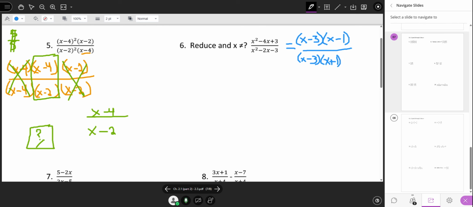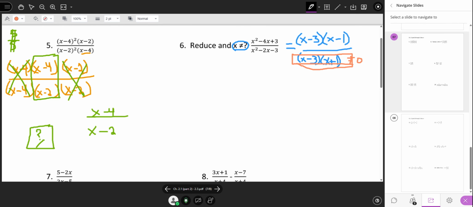Now, before we do anything else, what is x not allowed to be? X is not allowed to be whatever makes the denominator 0. So this is not allowed to be 0.